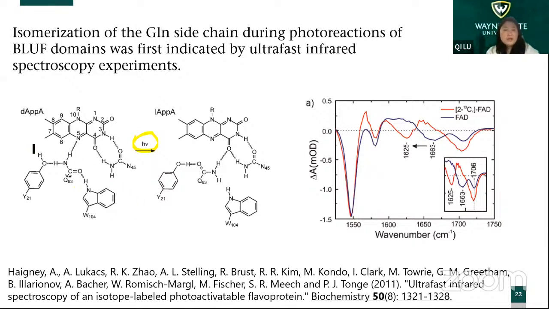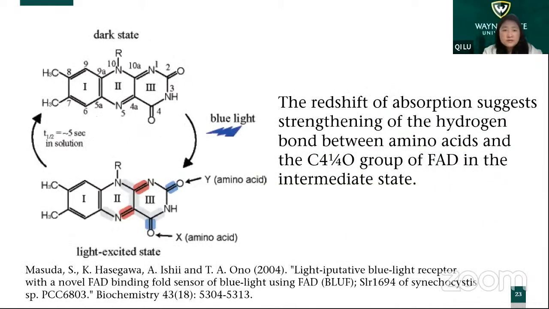To measure the light response is the isomerization of the glutamine side chain during photoactivation of the BLUF domain. And this method is an ultrafast infrared spectroscopy experiment. The redshift absorption suggests strengthening of the hydrogen bond between the amino acid and the C4=O group.